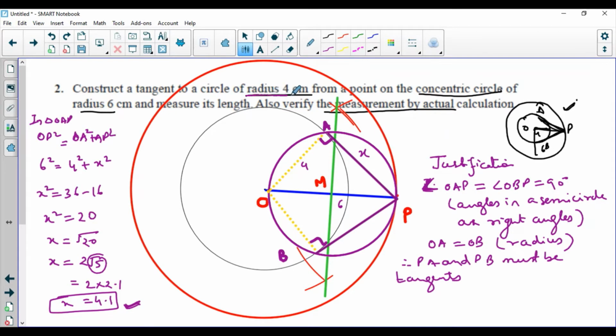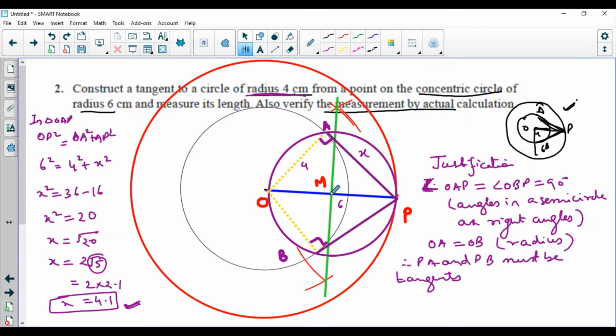Taking O as center, draw a circle of radius 4 centimeter. Taking O as center, draw one more circle of radius 6. That will be our step 2. Take point P on the circle of radius 6 centimeter. Then the next step will be join OP. Draw the perpendicular bisector of OP.